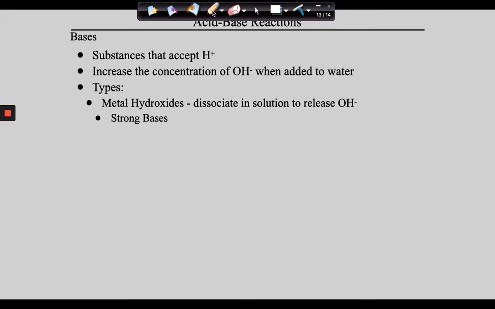So guys, how does this work? Please write in your notes the balanced equation that represents the dissociation of sodium hydroxide.